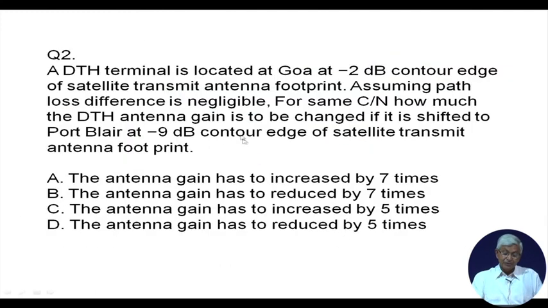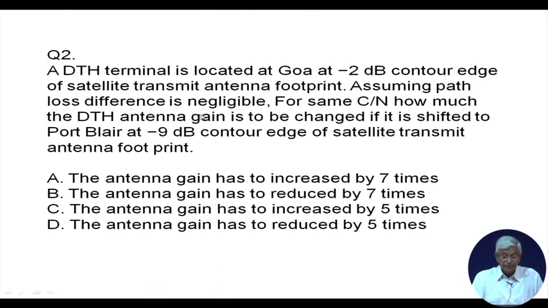The second problem is also a practical problem for your understanding of this contour coverage. A DTH terminal, that is a direct to home terminal, is located at, let us say, Goa, and let us say Goa is at the minus 2 dB contour edge of the satellite transmit antenna footprint, just like the previous one. Instead of minus 3 dB, it is minus 2 dB from the peak satellite antenna gain.